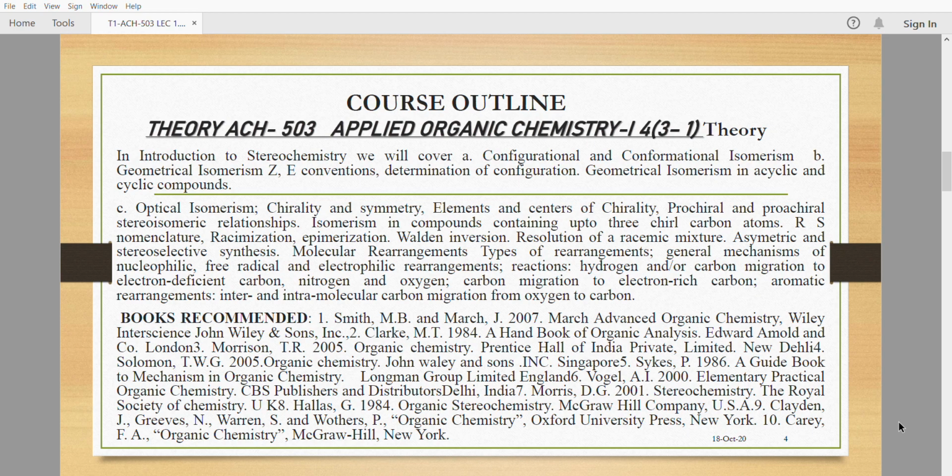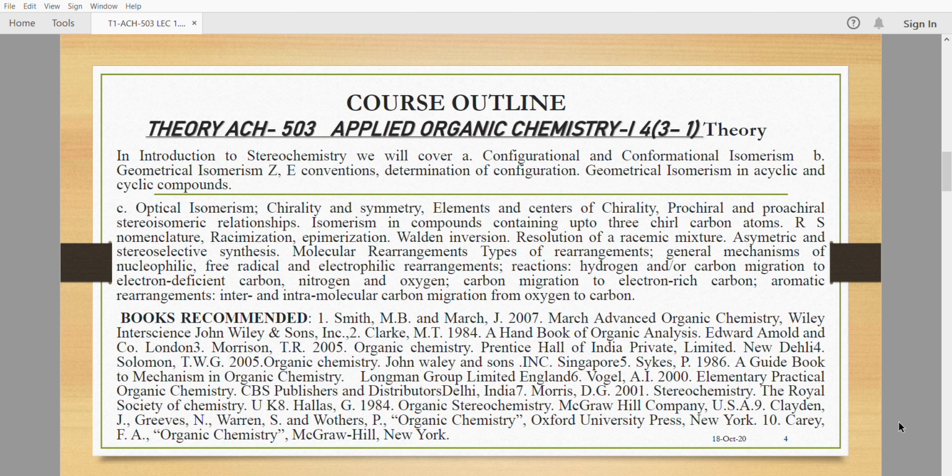Previously I also told you about migrations: nitrogen and oxygen, carbon migration, hydrogen and carbon migration to electron deficient centers of carbon, nitrogen, and oxygen, and carbon migration to electron rich carbon.